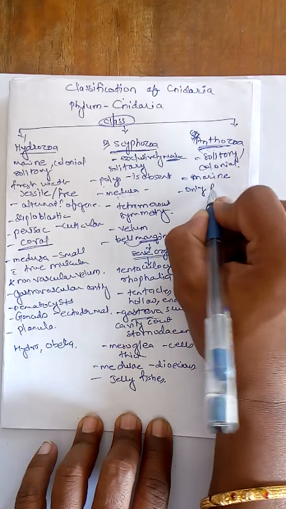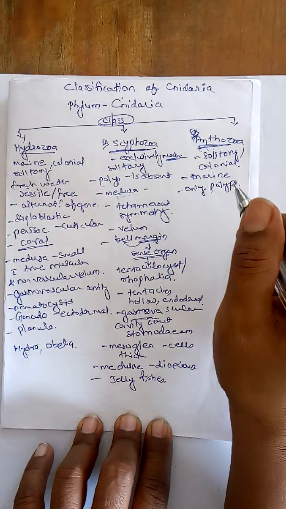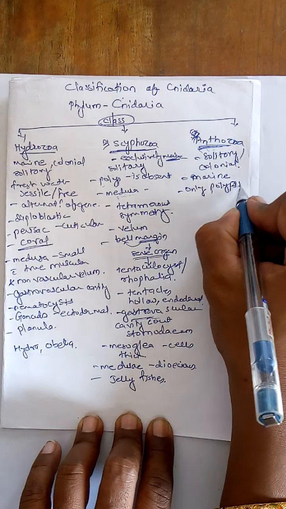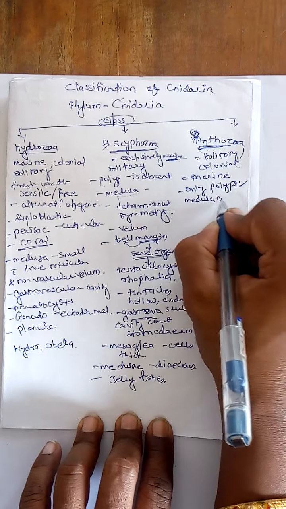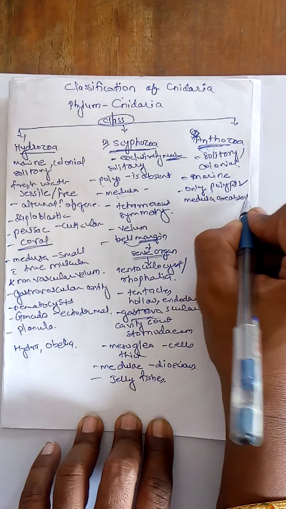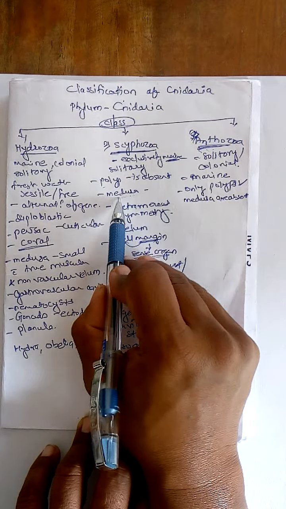Only the polyp form is present, and medusa are absent. In Scyphozoa, polyps are absent and medusa are present.